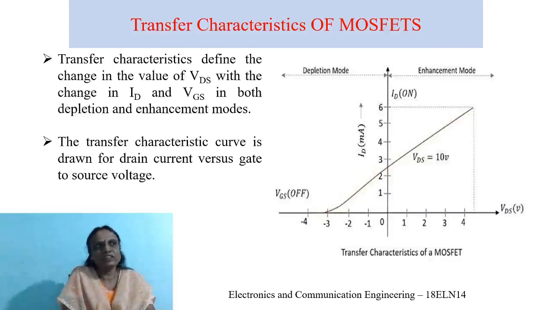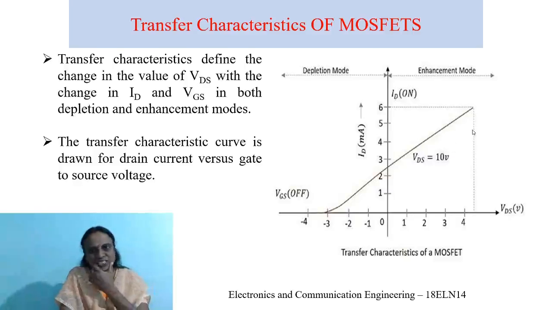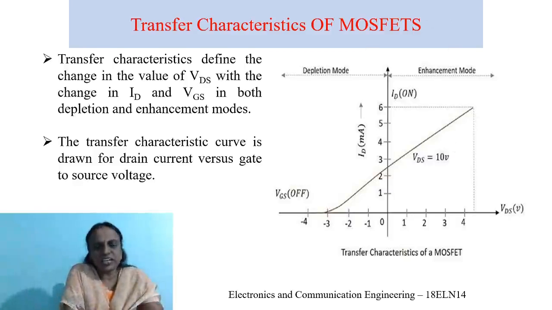Transfer characteristics define the change in the drain current ID with the change of VGS, that is the gate to source voltage, in both enhancement and depletion mode. So this shows the transfer characteristics drawn for ID versus gate to source voltage.